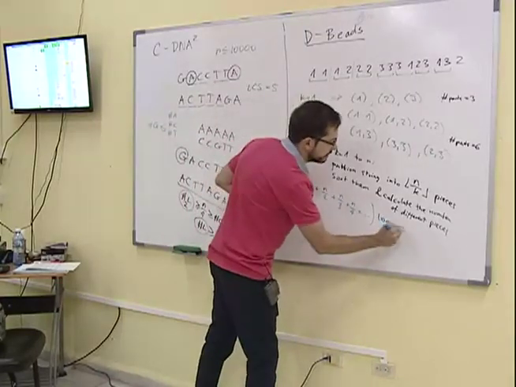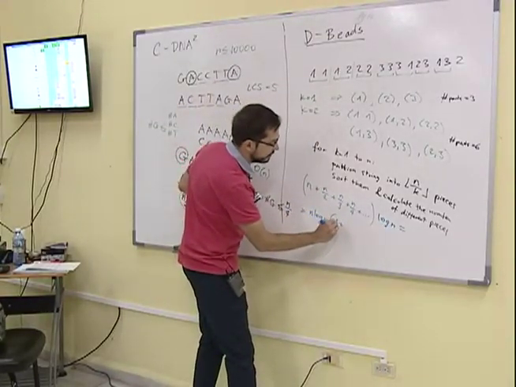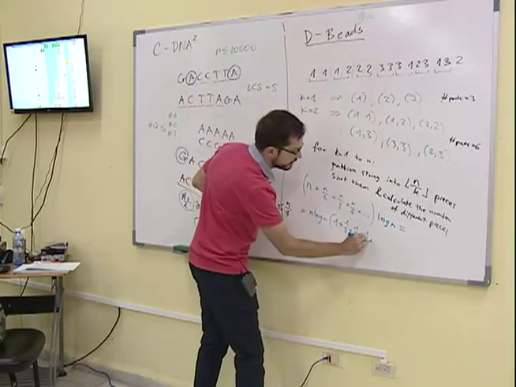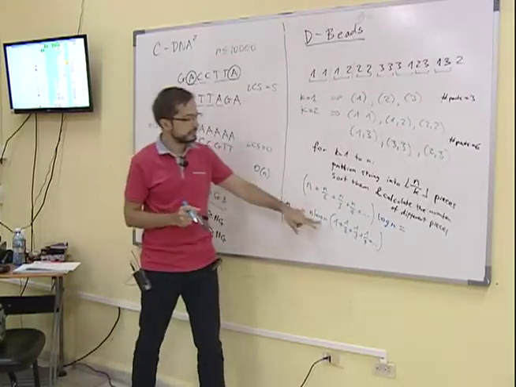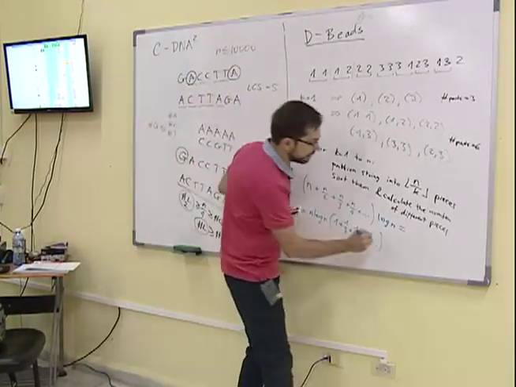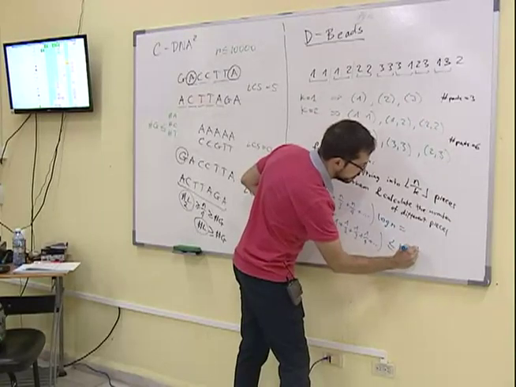So this means that this will be n log n times this number. So this is like a harmonic sequence, and it can be proved that this is no bigger than log n. So overall, the time complexity will be n log square n.